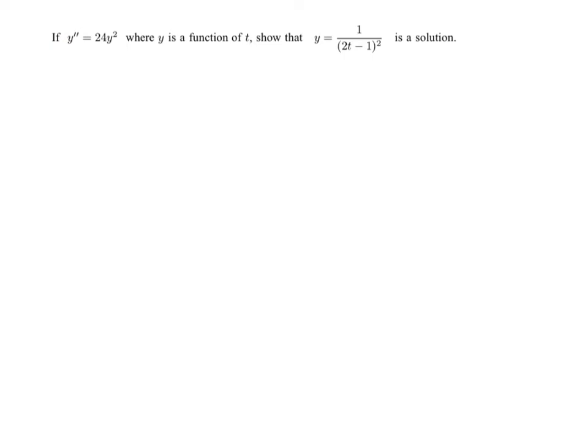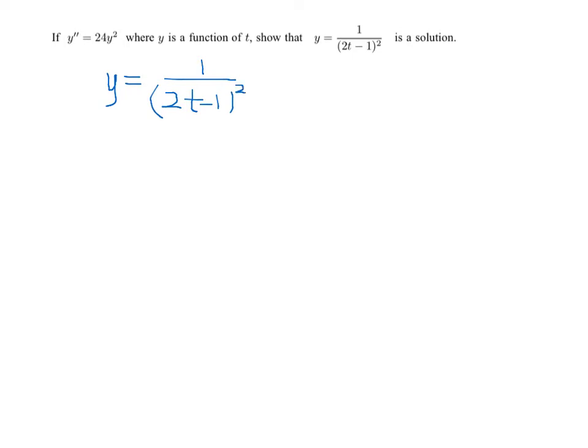In other words, you are supposed to show that this is a solution. You perform the same process: you differentiate this once and twice, and then you substitute this back into here and see what happens.